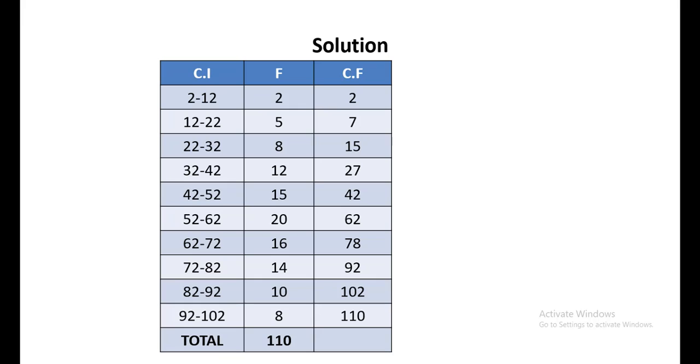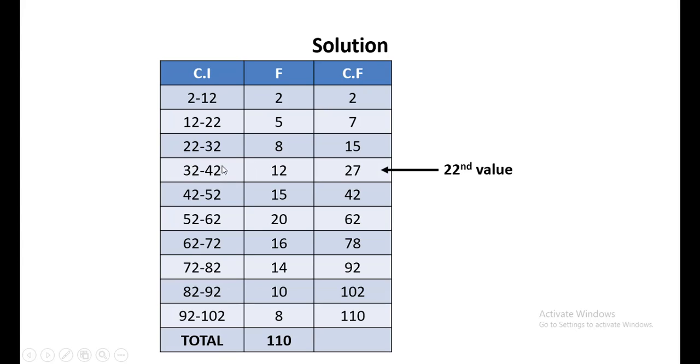So first we determine CF, then we look for the position, then we look for the class, the desired class that we need to work on, and take the frequency, lower boundary, and preceding CF. Out here the positions are already given: for P20 the position was the 22nd value, and the 22nd value lies in this class.